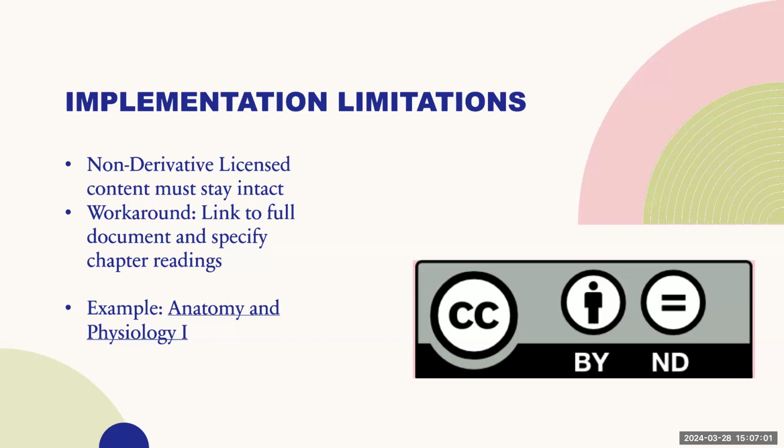So one thing to think about, as an aside, in terms of a possible limitation. In the last workshop, you may recall, we talked about Creative Commons licensing and the different flavors involved there, and one of them is the non-derivative flavor.